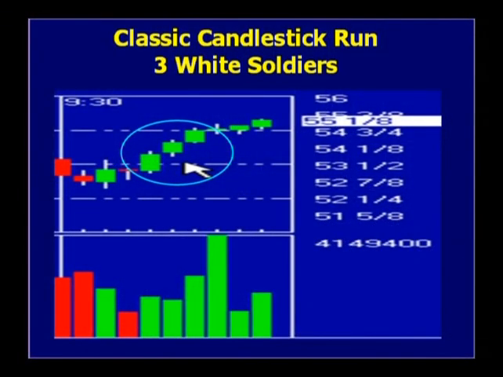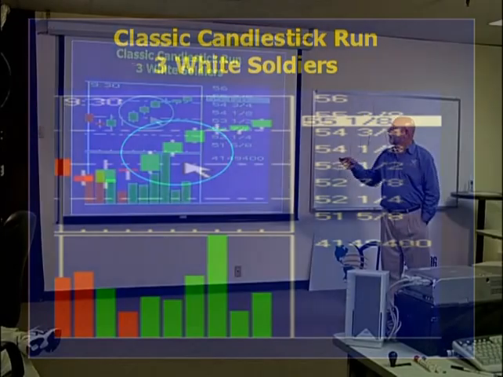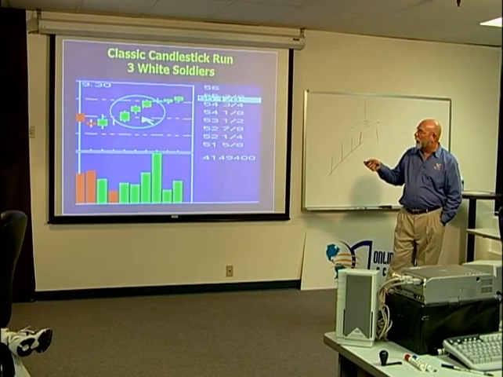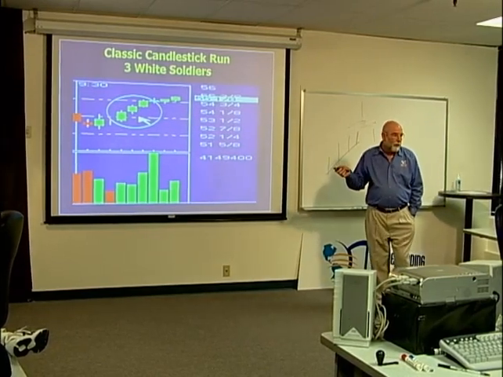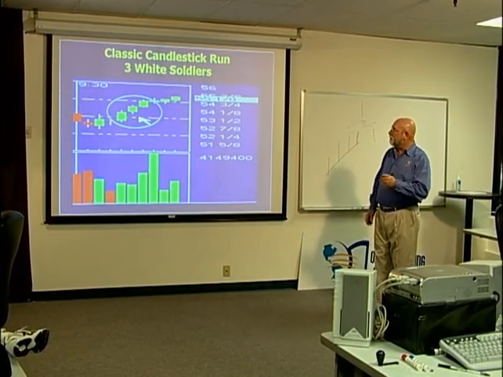Now, this is another kind of pattern. This is more of a continuation pattern. We've been looking at trend reversals, okay? The first one is called three white soldiers. Again, remember, Munehisa Homma's candles were white, alrighty? And this is imperfect.